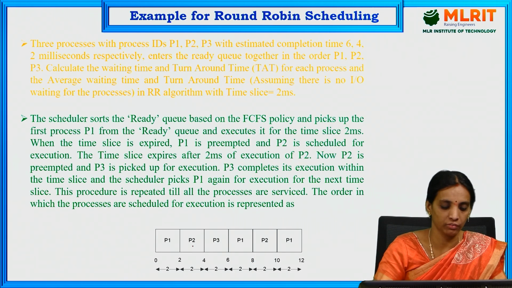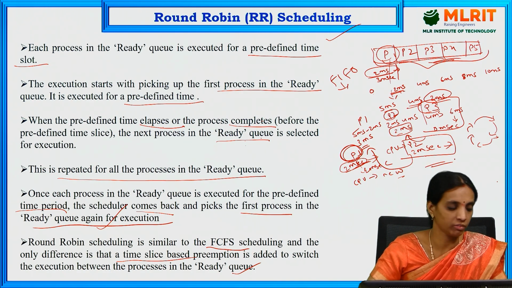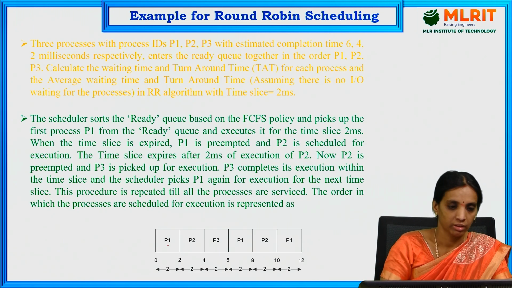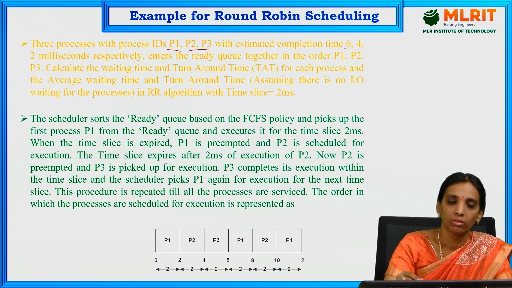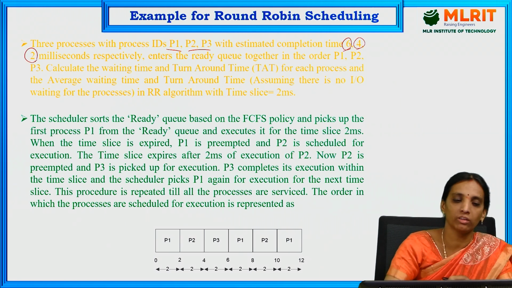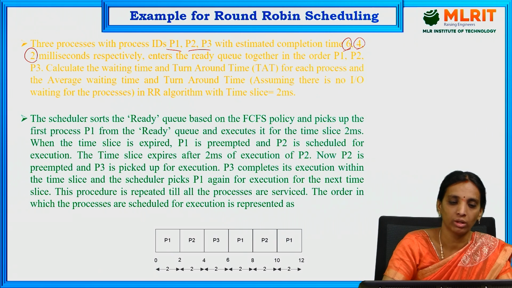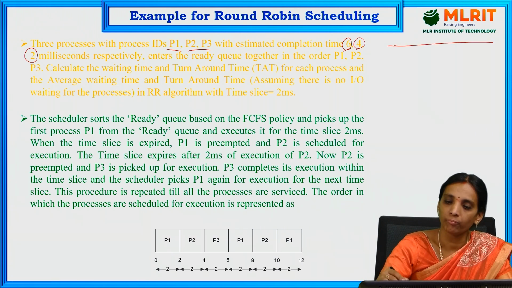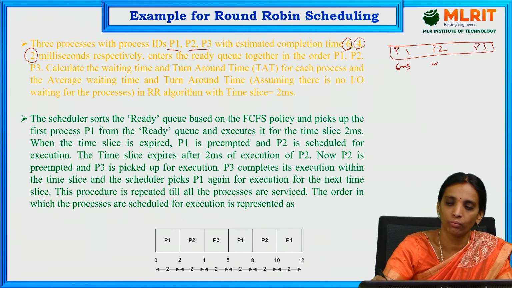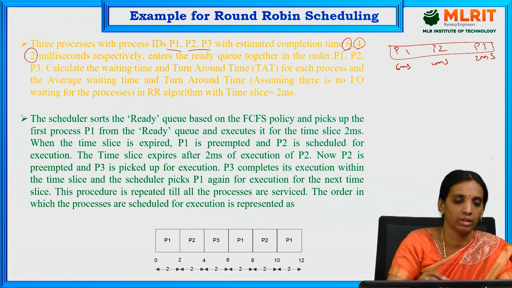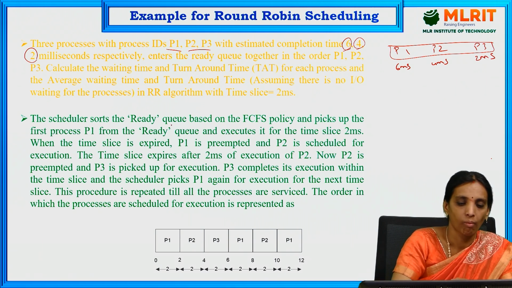Next example: as explained previously, the same example is given here. P1, P2, P3 are the three processes in the ready queue. P1 has 6 milliseconds, P2 has 4 milliseconds and P3 has 2 milliseconds of execution time.